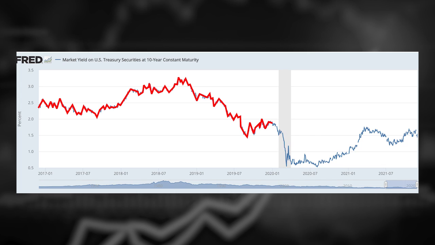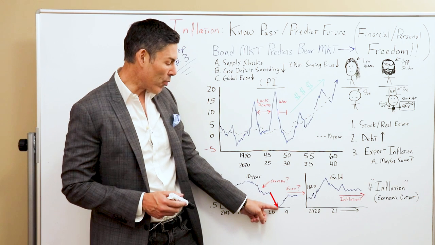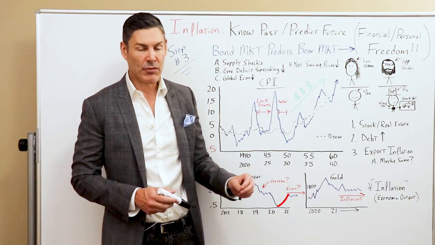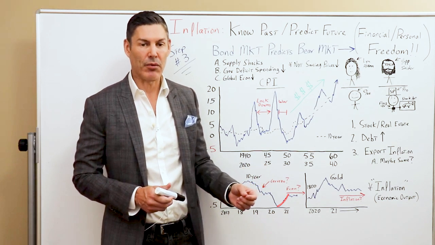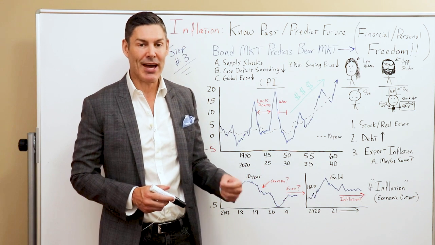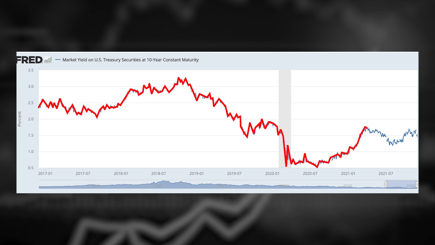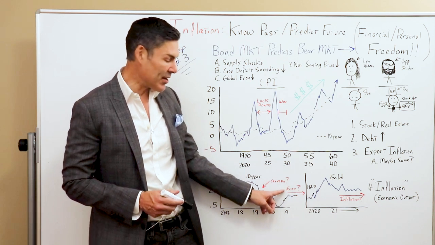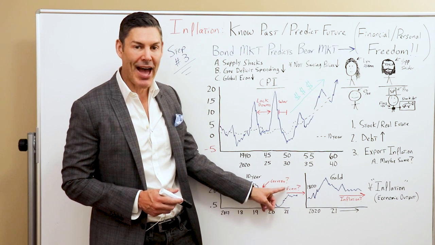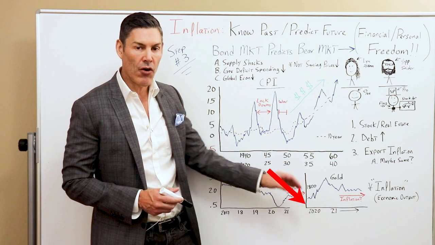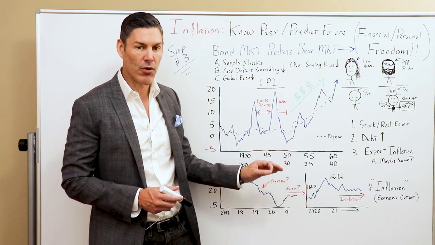Bond yields went down even further, close to about 0.5%, and then they've come back up slightly, indicating we have had, I don't want to call it an economic recovery, but we have had an increase in economic activity, therefore inflation, but now it's really leveled off and it's starting to go down. So is this telling us that economic activity is going to decline over the next 6 months or year?